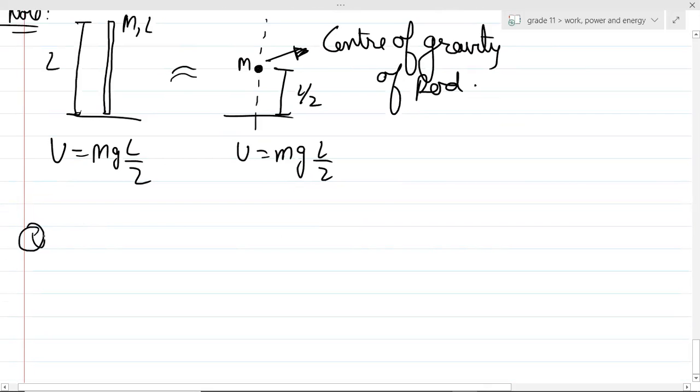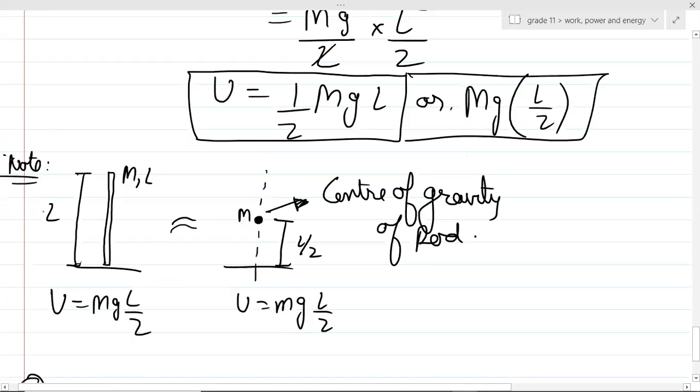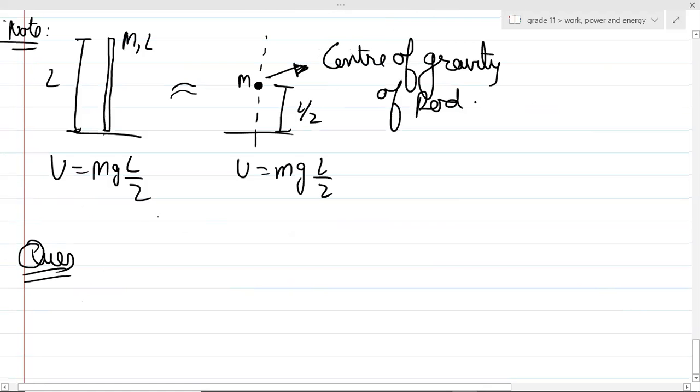Okay. So suppose, when I was talking about the length of this rod, was there the breadth of the rod involved or the thickness of the rod involved? Was there thickness involved over here in this case? Nowhere, right? So I'm giving you one question.